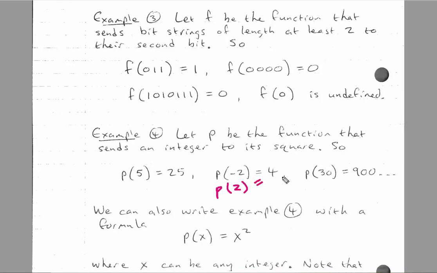So -2 and 2 both get sent to the same place, so P is not injective. For this function, any number and its opposite get sent to the same place, so not injective.